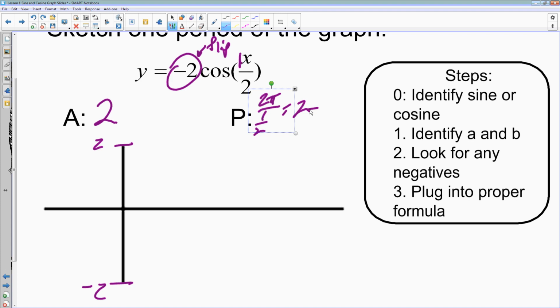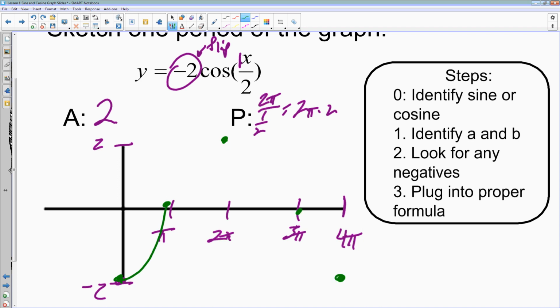We keep, change, flip, and that actually becomes 4 pi. So then we're going to mark off our little area here. And again, because it's flipped, we know we start at the bottom. Here, I'll change colors. And then we're going to go up to 0, up to 2, down to 0, down to -2. So that's our cosine graph flipped over.